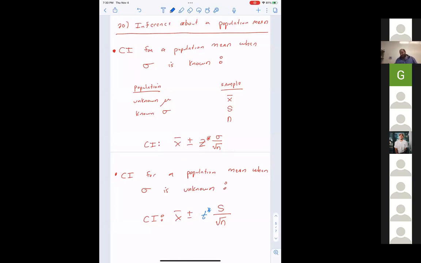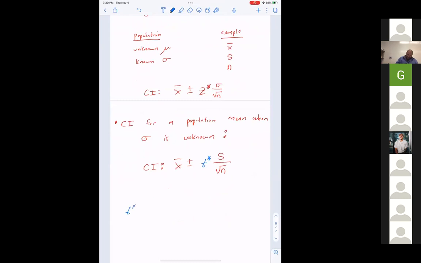So up until now, everything has been Z, Z star, Z star, Z star. But if you don't know sigma and you're going to replace it with S, we're going to use T star instead. And the question is, what exactly is the difference between Z star and T star? Essentially, T star is a little bit wider than Z star. So each T star is a little larger than Z star.